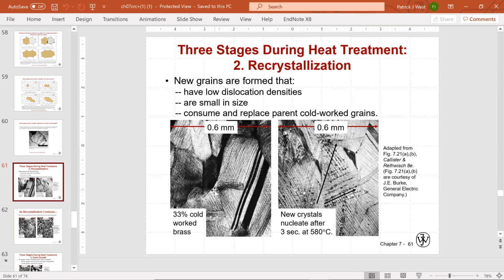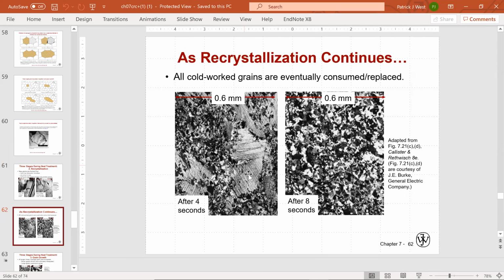If you give them enough energy, the ability to move, they will reorganize into these new grains because these new grains are a lower energy state. And we see very quickly how after 8 seconds we form a new microstructure of all these new grains.